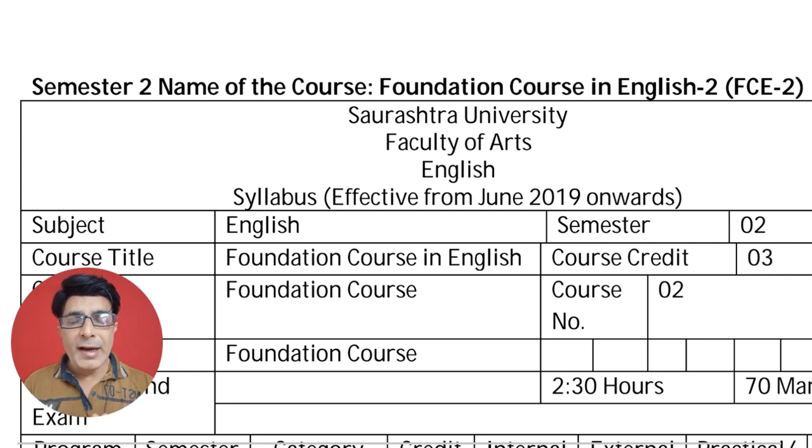Friends, you know that just like your previous semester, in this semester also, as far as English is concerned, you are going to study 3 papers of English language and literature. Number 1, you will study foundation course in English, which is also popularly known as compulsory English.